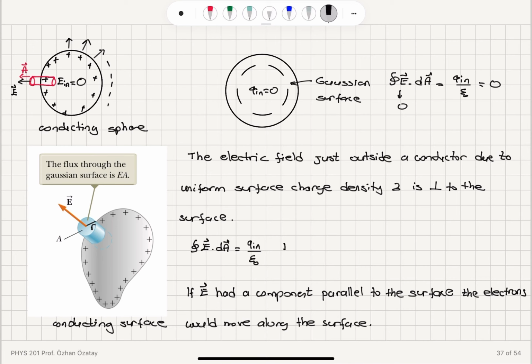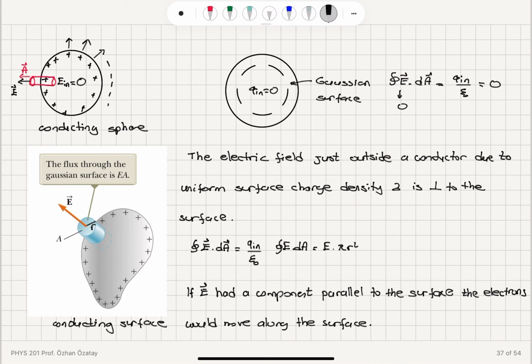The electric field outside, dot product with the dA vector, because they are parallel to each other, is going to become integral E dA, and the electric field is a constant at this point if I take a very small Gaussian cylinder. So then I will have E times pi r squared for the integral of E dot dA, because this cylinder has radius r.